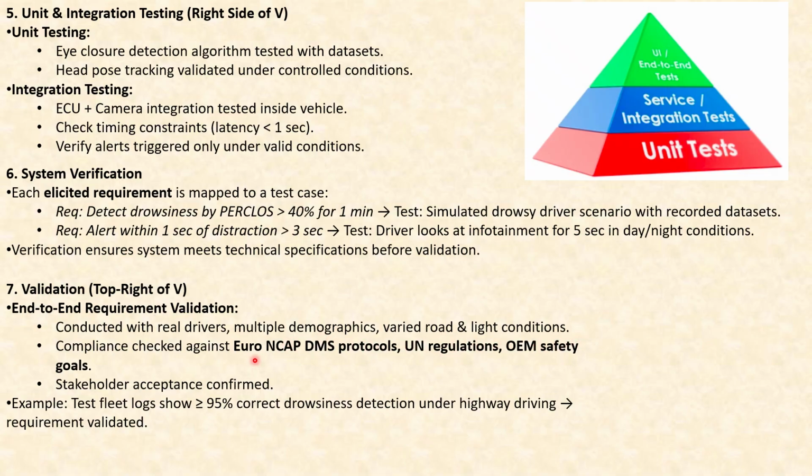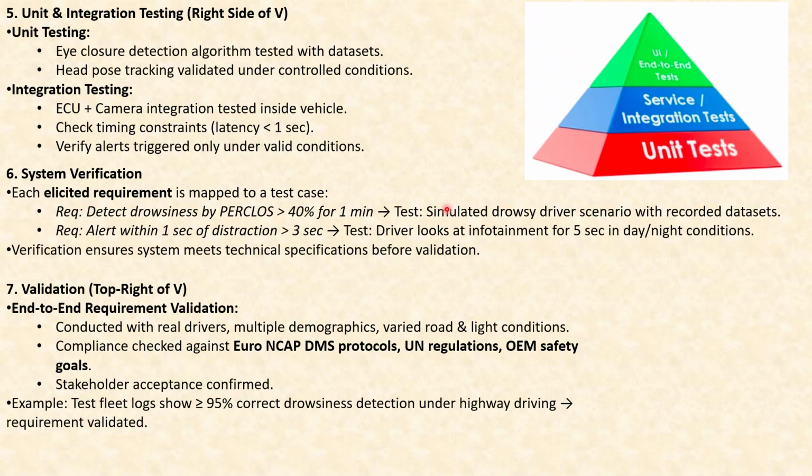This falls under validation. Now compliance is checked against norms: Euro NCAP DMS norms, UN regulations, OEM safety goals, and stakeholder acceptance is confirmed. Test fleet logs show greater than 95% correct drowsiness detection under highway driving, and that requirement is validated.